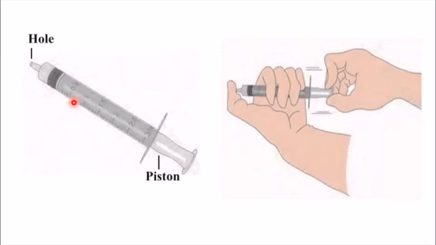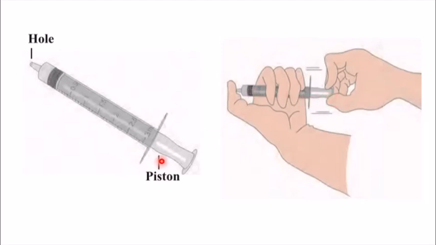Now in the second condition, you have to keep your thumb on this hole, and don't let any air come inside the syringe. Now try to pull the piston. It will be a little difficult to pull the piston, and as you release it, the piston automatically moves in the forward direction.